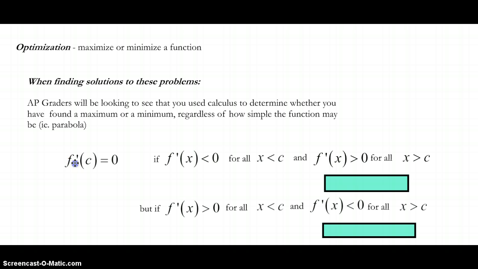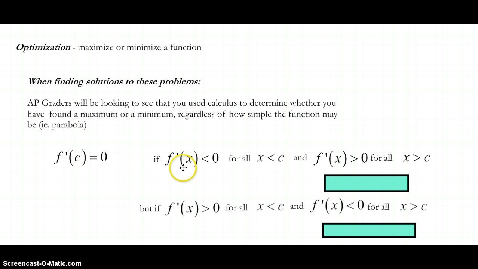If you have a critical point, that's where your derivative equals 0 or is undefined. And what you want to test is, for the first derivative, if the first derivative is less than 0 for all the x values that are before that specific c value, that x that you found where your derivative is 0, and your first derivative is greater than 0 for all the x values that are greater than c.